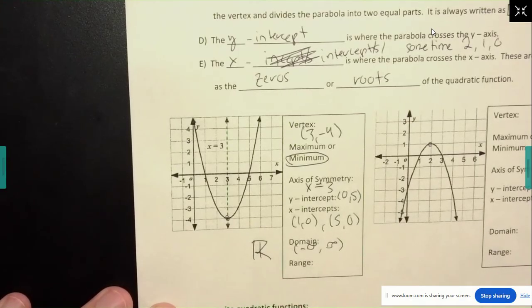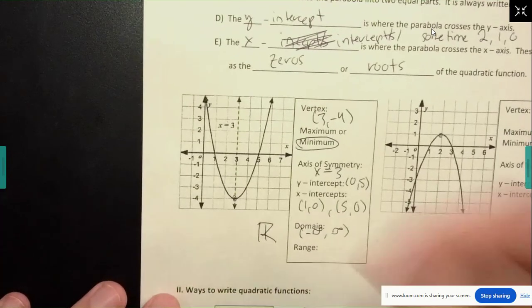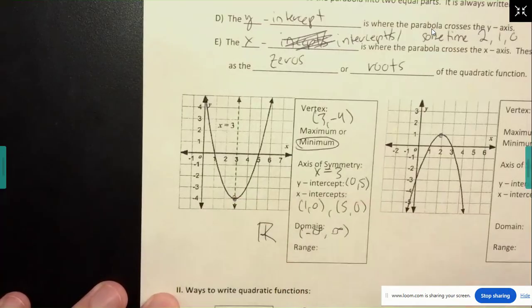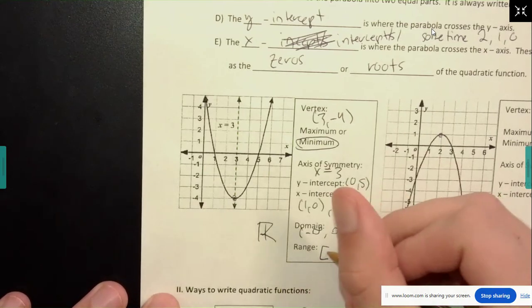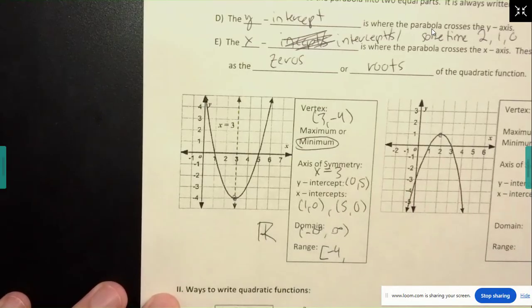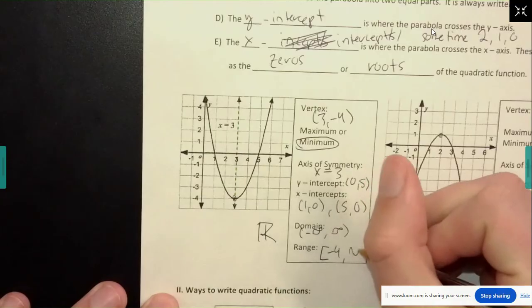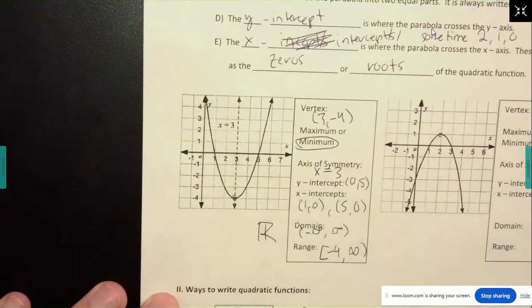Okay, range. Range is how high up and down I go. Well, I have a low point, and I'm going to use a bracket next to the low point. So basically, whenever you're talking about range, use a bracket next to the number. The low point is -4, so I bracket -4. And it goes up forever, so I'll use infinity.